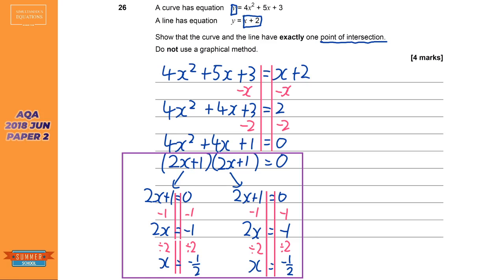So the quadratic formula is x equals minus b plus minus the square root of b squared minus 4ac over 2a. Now this part here is known as the discriminant. And the reason it's got a special name is you can actually tell a lot about the amount of solutions by what that value is.